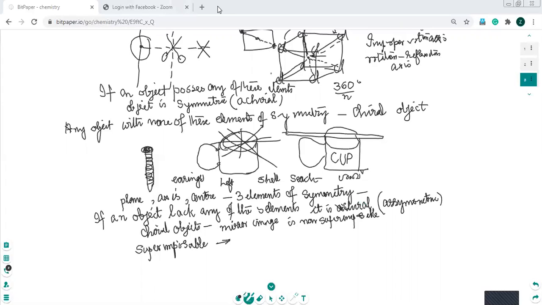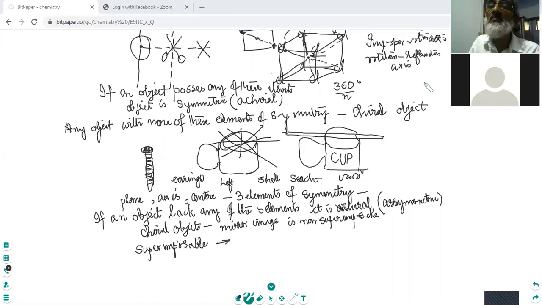Now you have seen, this was my object and this was the mirror image. So instead of my mirror image, I have put my left hand, meaning the left hand is a mirror image of the right hand. Clear? Now see, as I told you, I have four sides: left, right, front, and back.